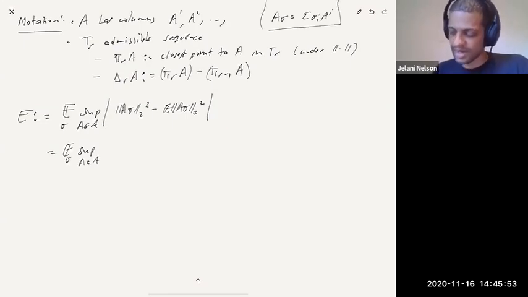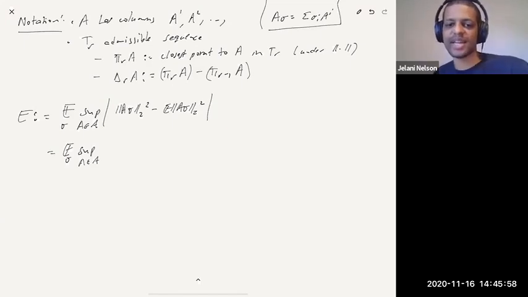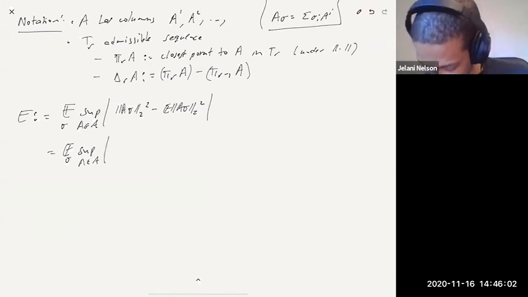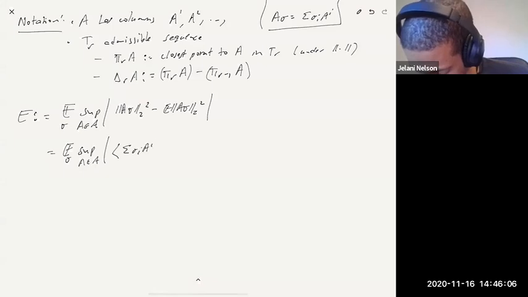This is what I wrote in the top right here. Okay, so this is equal to basically the dot product of the sum of sigma_i A_i with itself minus the expectation.